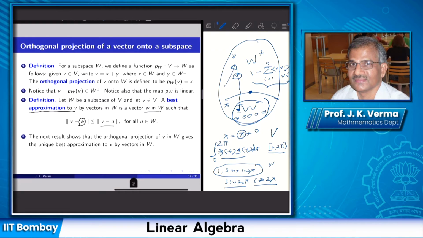So the question is, how do we obtain the best approximation? Let us see that the projection of v inside W is the best approximation of v by vectors in W. Yes, it is the closest vector.